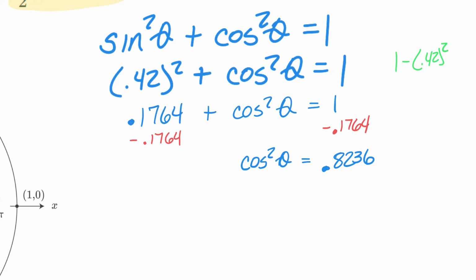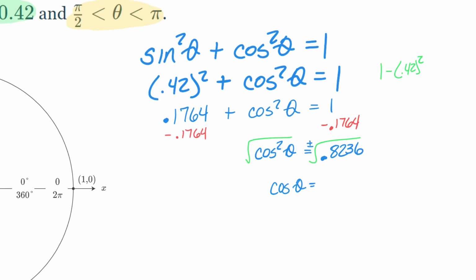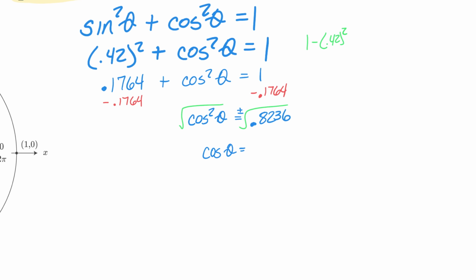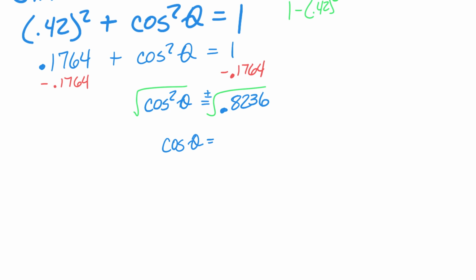And just like on the last one, we have to square root to get cosine by itself. So cosine of this angle is equal to, remember this is a plus or minus situation, but we said from the beginning, we are in the second quadrant, and the cosines in the second quadrant are all negative. So we will take the negative version of this answer.